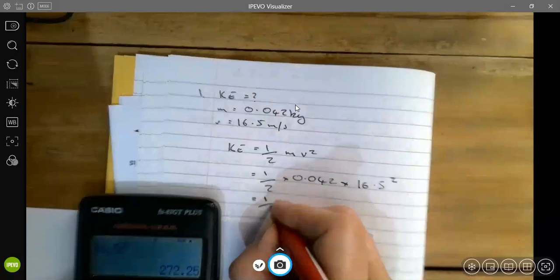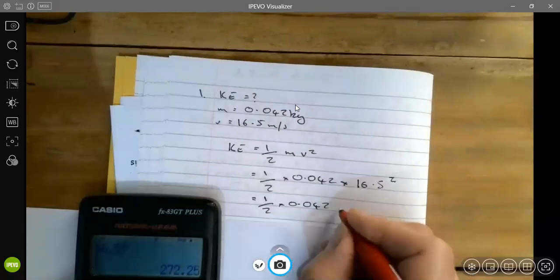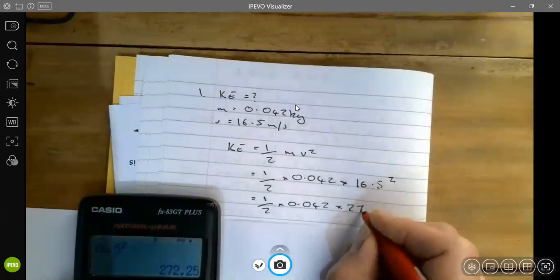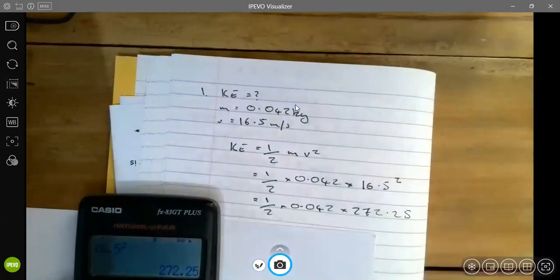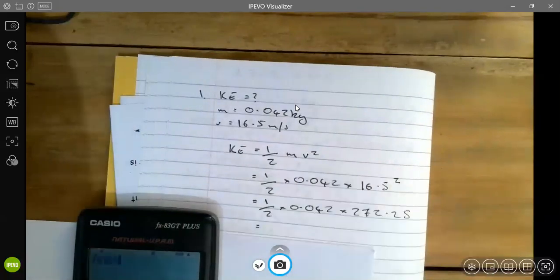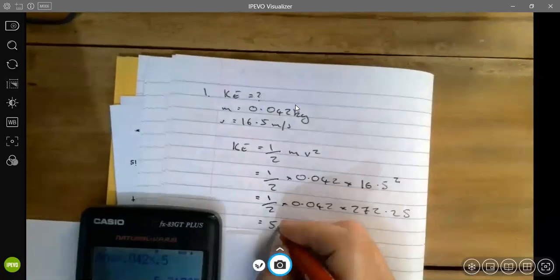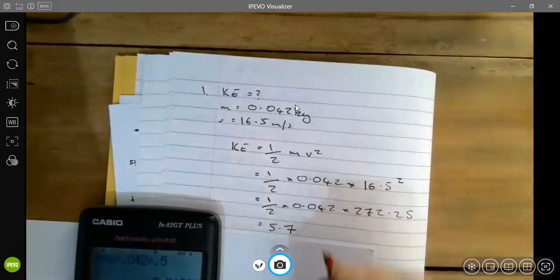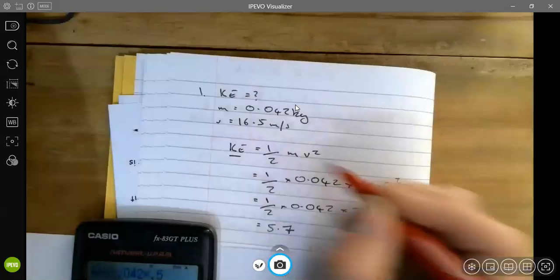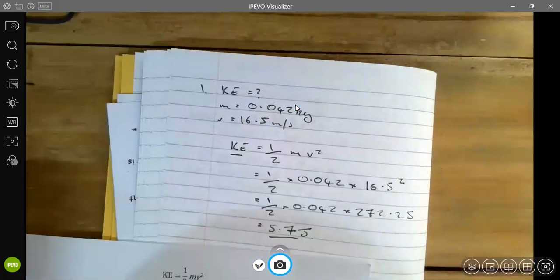So I've got a half times 0.042 times 272.25. Let's work this out: 0.042 times 0.5 times 272.25 is equal to 5.7. This is kinetic energy, so it's measured in joules. So it has a kinetic energy of 5.7 joules.